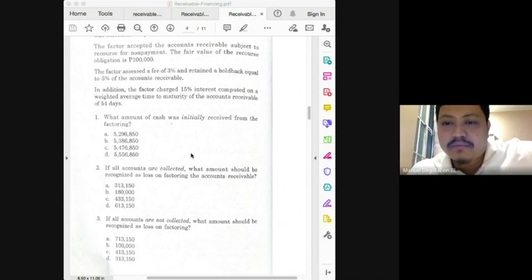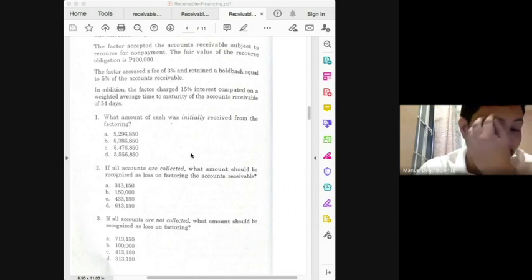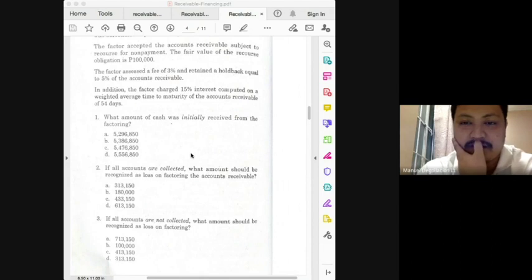But question, how is this different from the problems we have solved earlier? In the other problems, the question was how much was the initial loss on factoring. So if the question was initial, then we will include the loss on recourse liability.